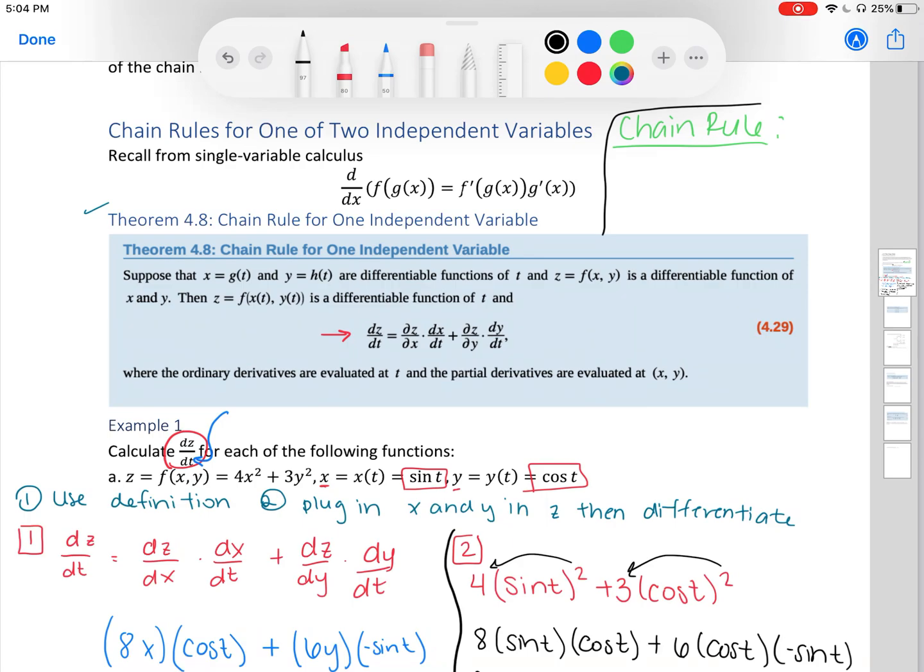The way I remember it and the way that I always think about it is the derivative of the outside times the derivative of the inside. That's kind of my go-to thought process in working with a general chain rule.